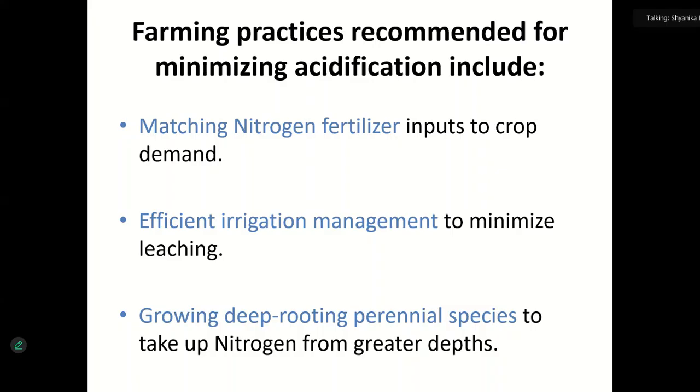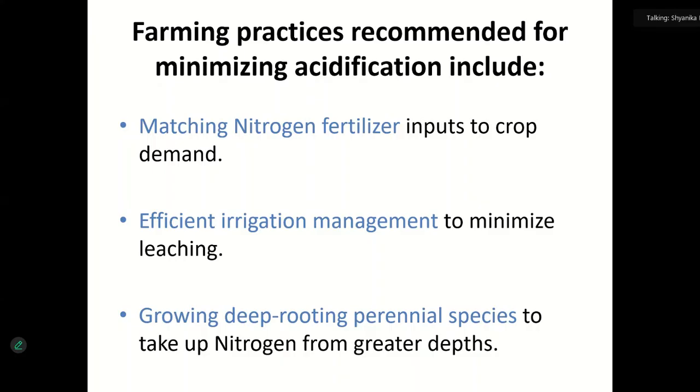What type of nitrogen, NPK, is required for a particular crop during planting time, during the mature stage, and all growth stages. So we have to apply nitrogen fertilizer only for the demand of the crop, right?